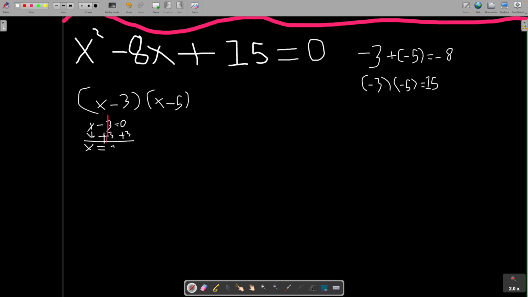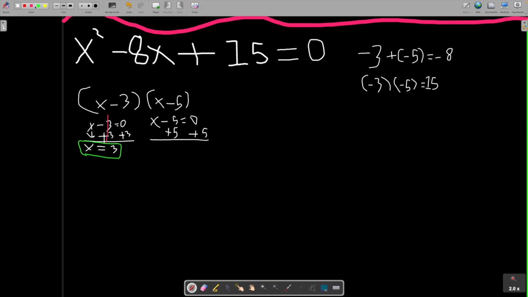So that's our first solution. That's our first value of x. Let's just highlight it here so we know that this is the first answer. The second one is going to be x minus 5 equals 0. So we add 5 to both sides to isolate x.